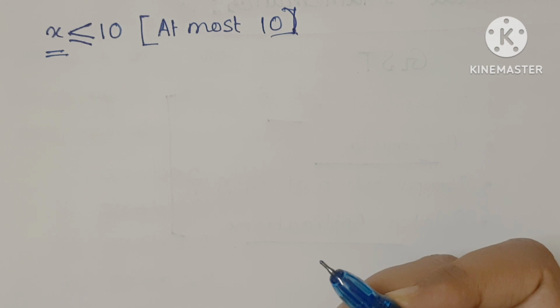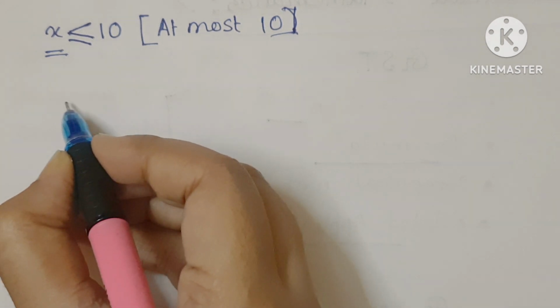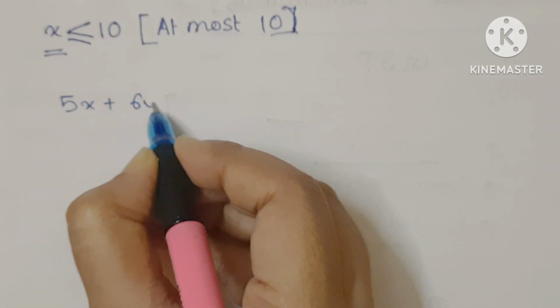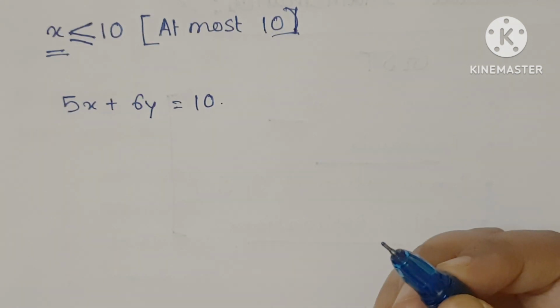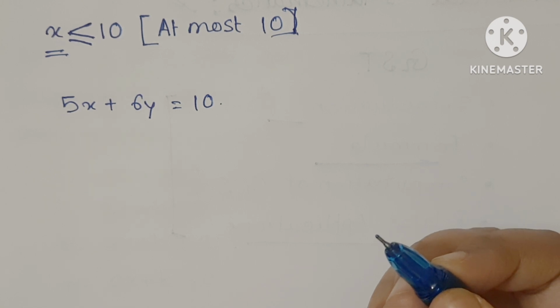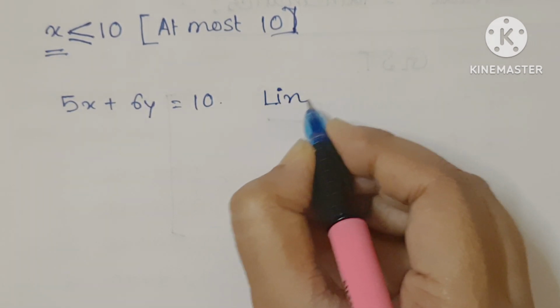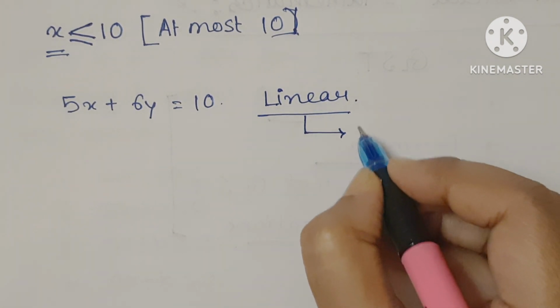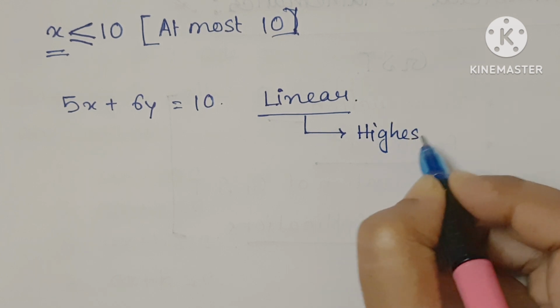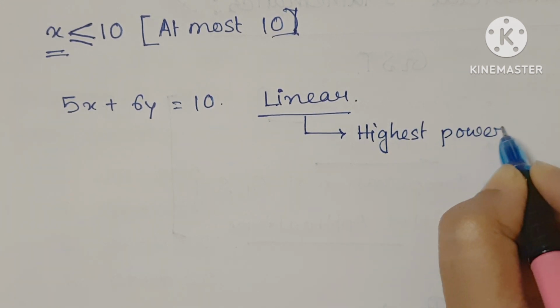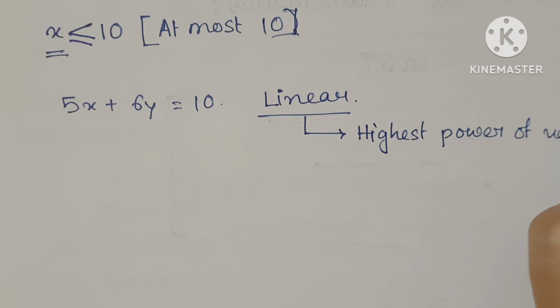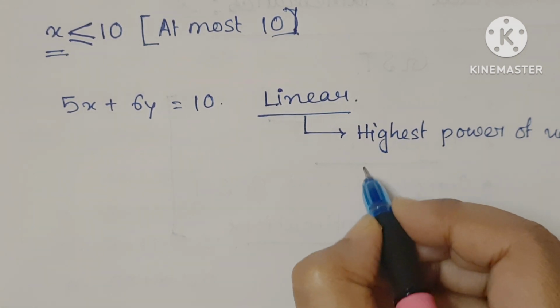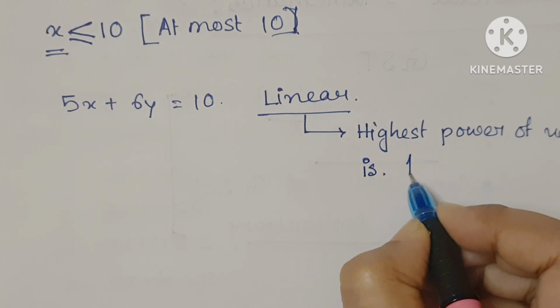Okay. Now you all know linear equations, right? Suppose 5x plus 6y equal to 10. It is called a linear equation. Why is it linear? Because the highest power of the variables is 1.